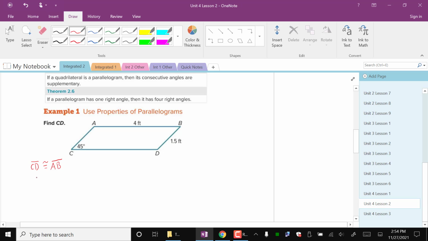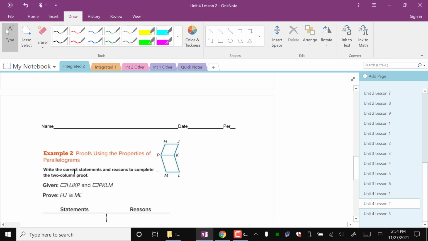If that's true, then the length of CD equals the length of AB. And we know AB is 4. So that means CD is going to equal 4. All right, let's take a look at the next one.